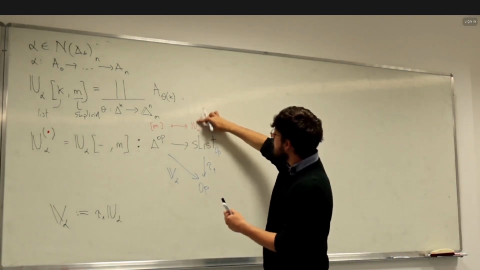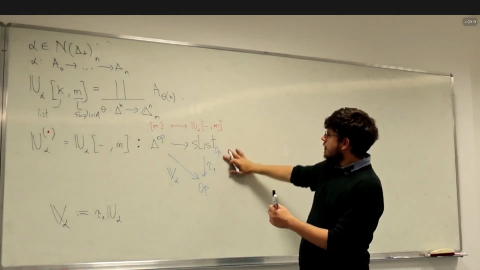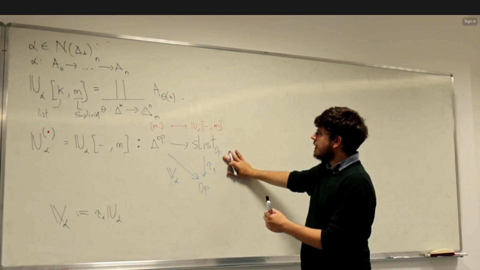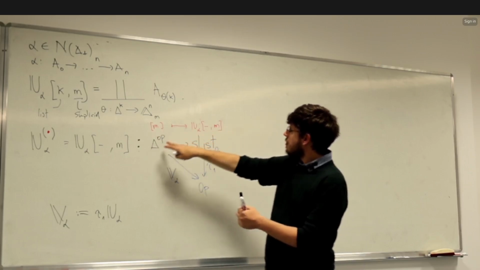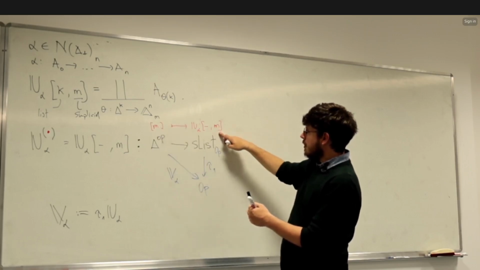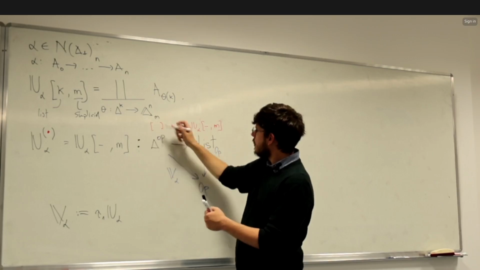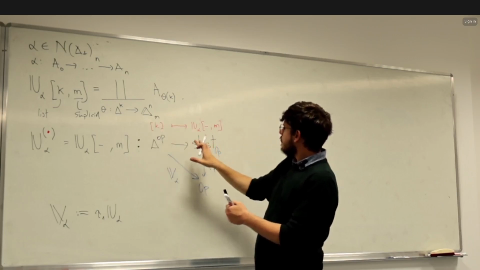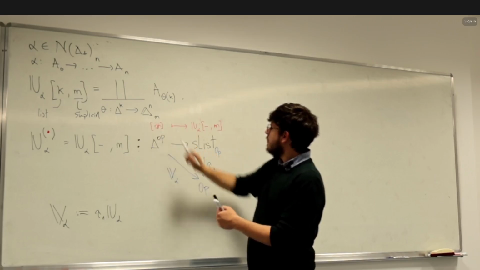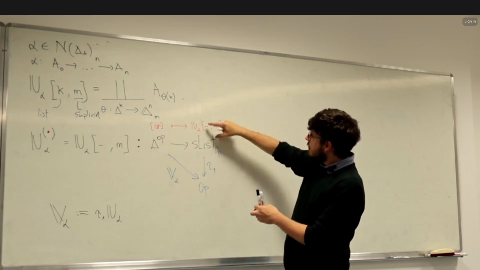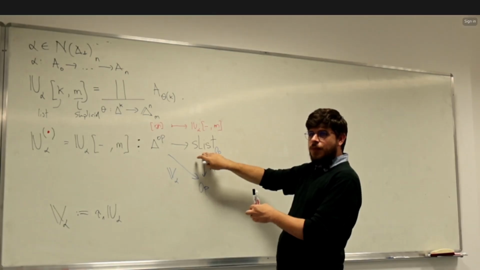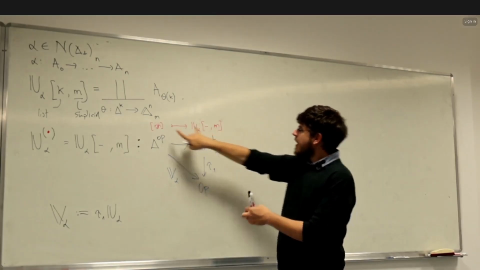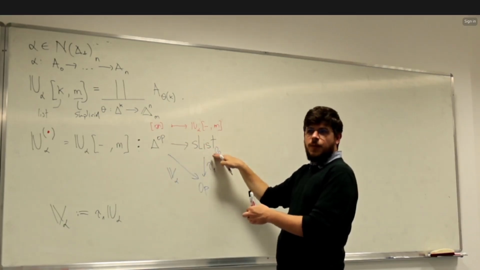I don't need to write the M here, since the N somehow comes from alpha itself. No, I want the K here, sorry. Because the K variable gives us a simplicial list in the target, and the M variable gives us a simplicial object here.